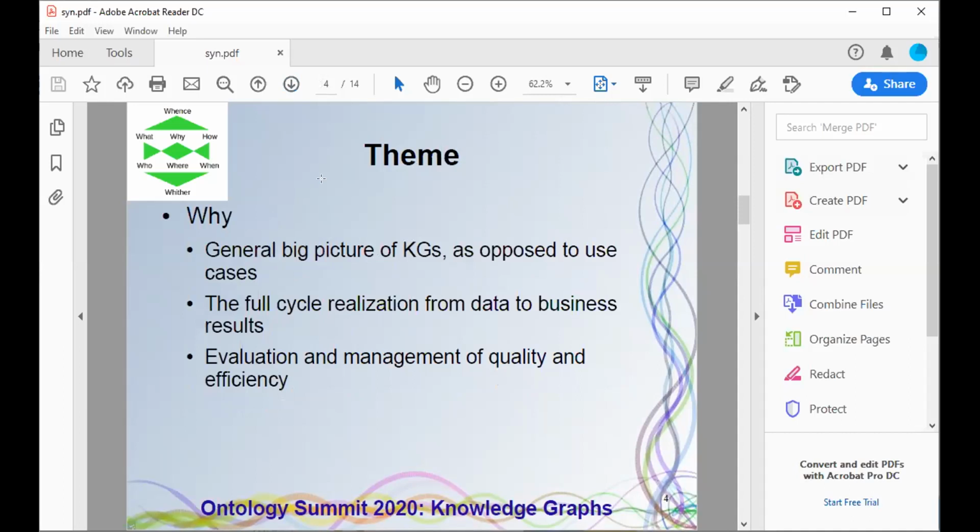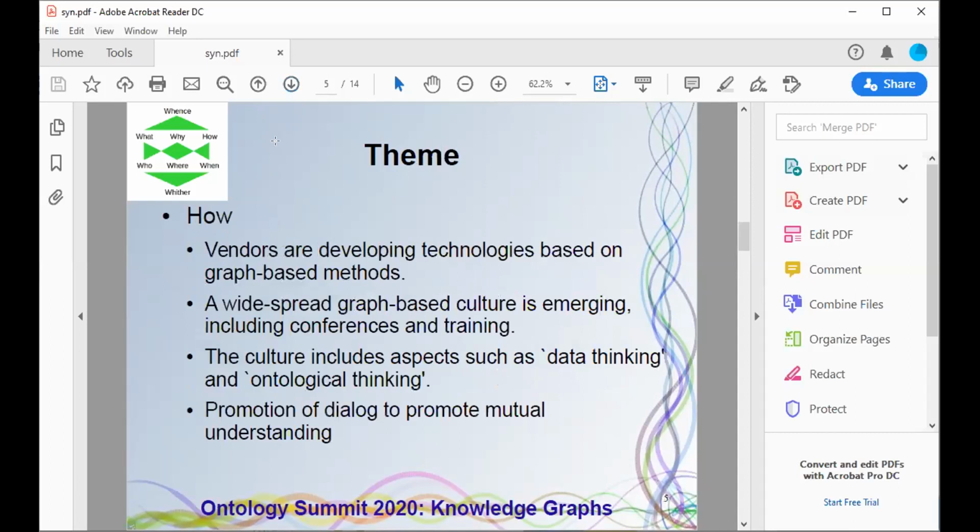Then why? So this is a general big picture. I mean, why is this topic emerging? And how? So this gets us into more detail about how one actually develops and uses these knowledge graphs.